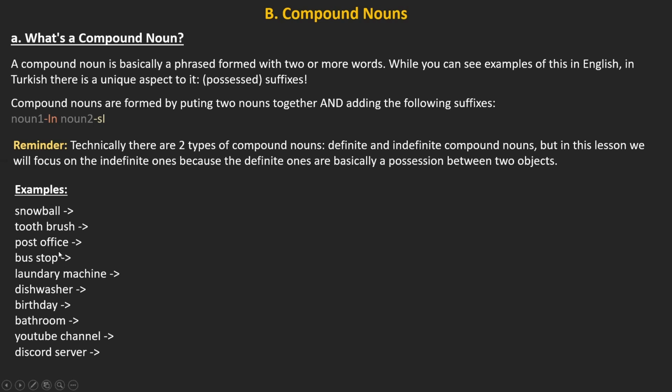I added them already, but the important part that is unique to Turkish is the suffixes we use. In English, they don't use any suffixes. It's just toothbrush, post office, bus stop. But in Turkish, we use the possessed suffixes.